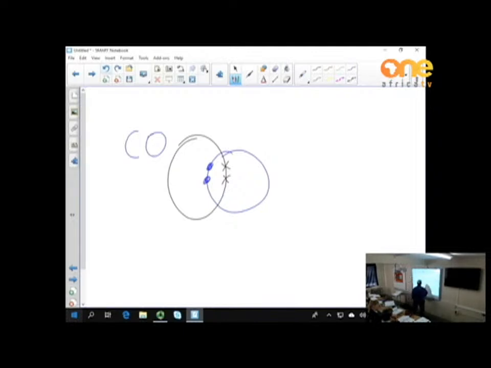The oxygen gives the 2 electrons. Oxygen has 1, 2, 3, 4, 5, 6. There we have carbon monoxide. No, I've got it the wrong way around. Let me start again.